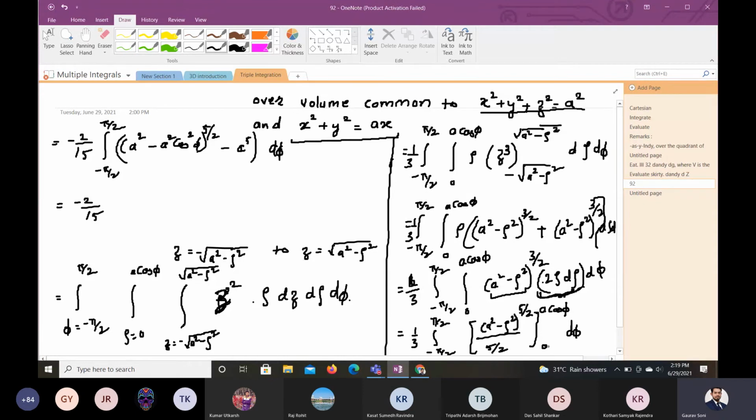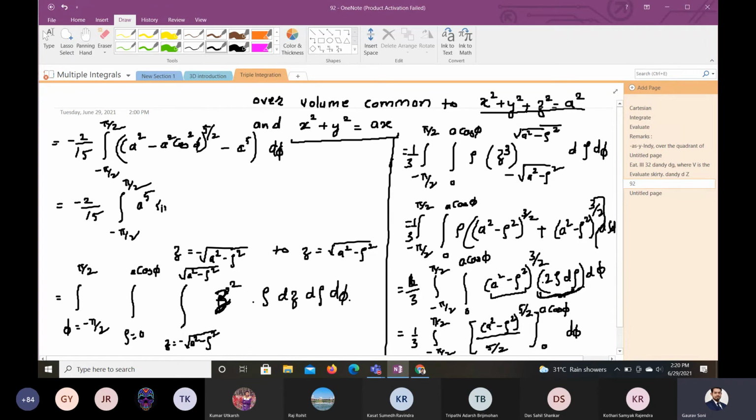When you put the upper limit here, I think I may be wrong only at this place. So when we put upper limit a cos phi, so a square minus a square cos square phi raised to 5 by 2. Fine, it is correct. Minus, when you put 0, you will have a square raised to 5 by 2, so a raised to 5. Okay, no problem. So minus pi by 2 to plus pi by 2. You take a square common, so a raised to 5 totally outside, into 1 minus cos square phi, that will become sine square phi.